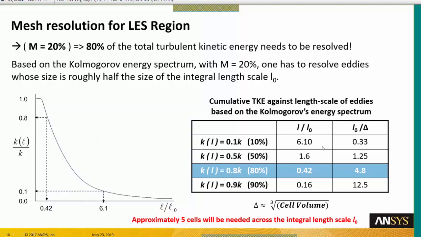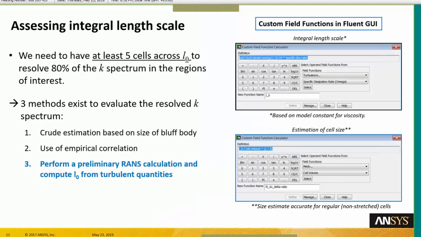That means we'll have some limits on the minimum eddy that we want to capture, and the limit will be around 42% of the integral length scale. The integral length scale is a measure of the size of large eddies. So we know that we want to capture an eddy which is around 40% of the integral length scale eddy, and we want a certain number of points across this eddy to capture it properly. So it's important to see.